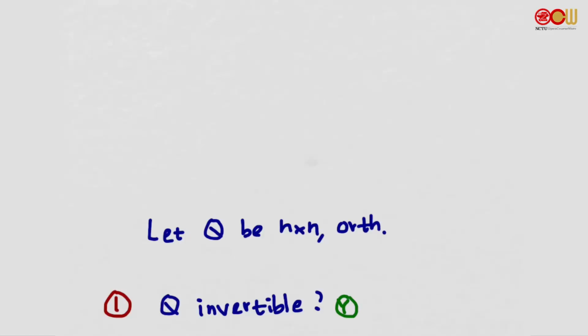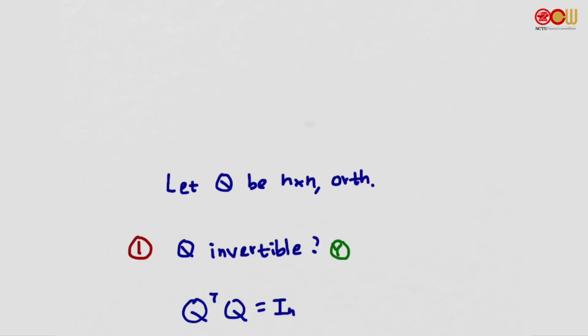But Q is not just an arbitrary invertible matrix. Its column vectors form an orthonormal basis. Does this make any difference? Well, Q is orthogonal, so Q transpose Q is the identity matrix.